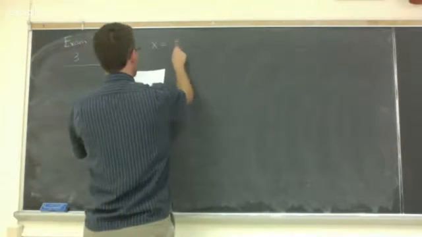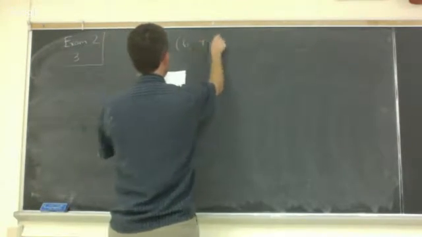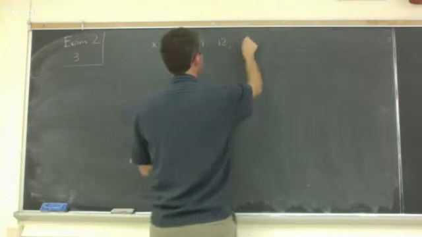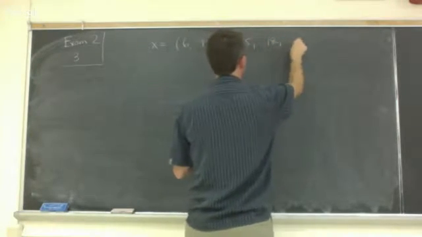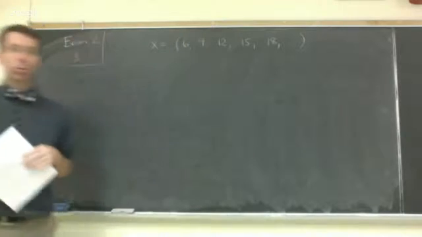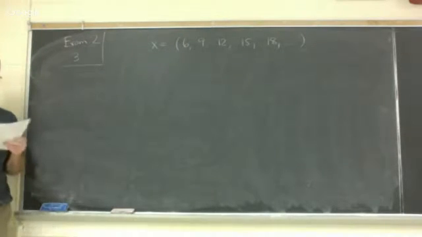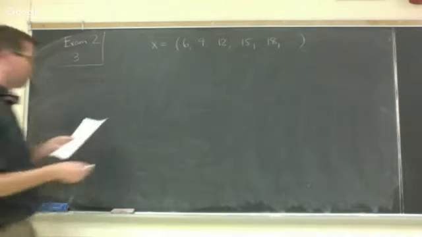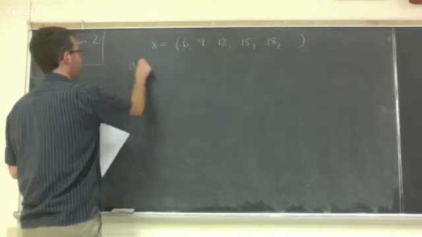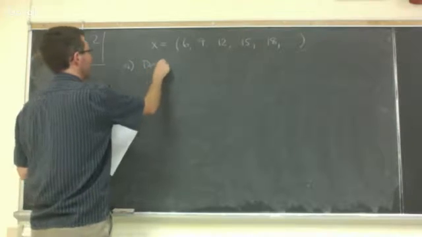So let's see, I have a sequence 6, 9, 12, 15, 18, and on and on. In order to answer the explicit one, we have to look at the recursive formula too. So part A was to define the sequence recursively.